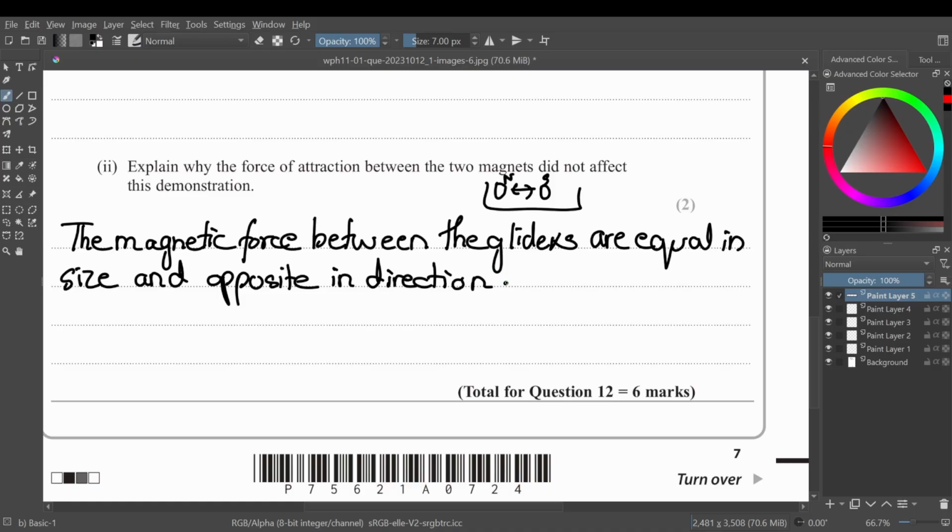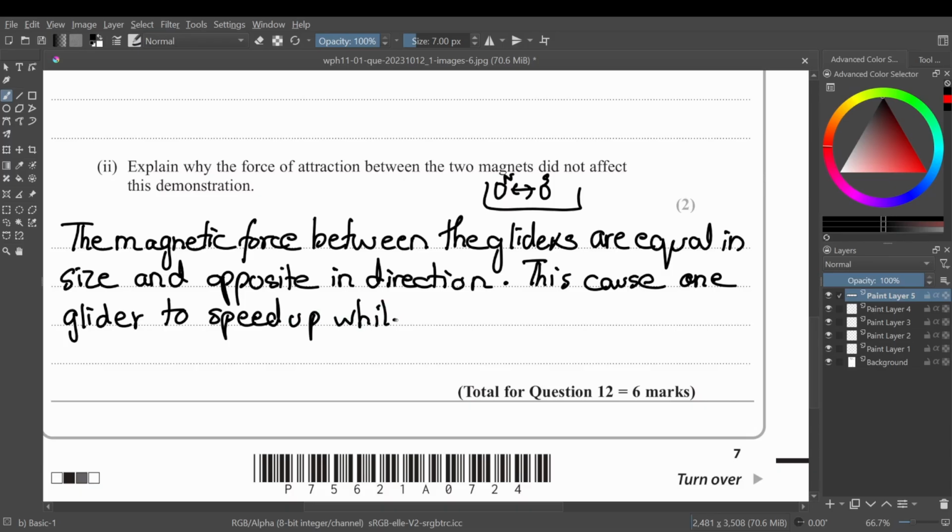So basically this causes one glider to speed up while one glider to slow down by the same amount.